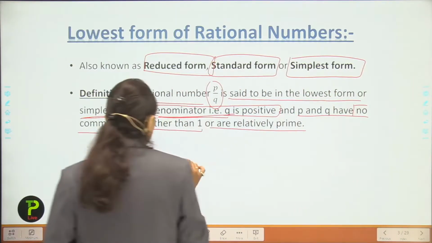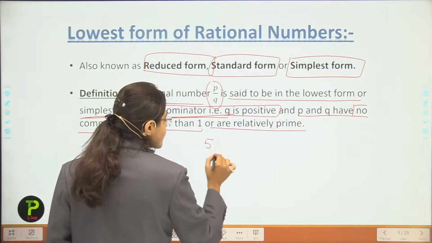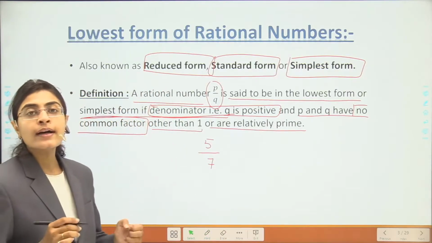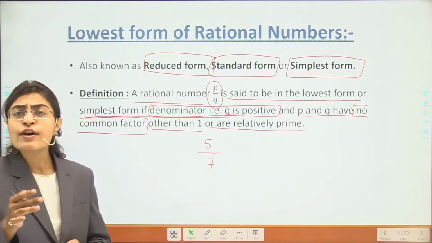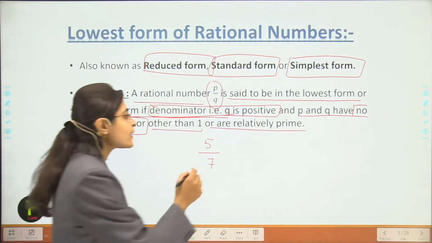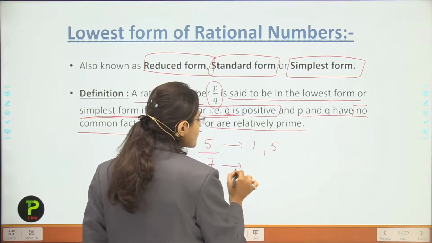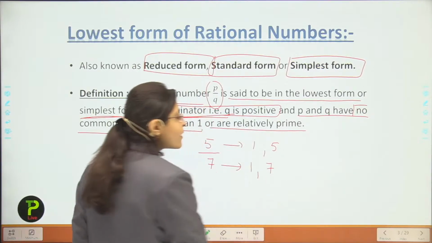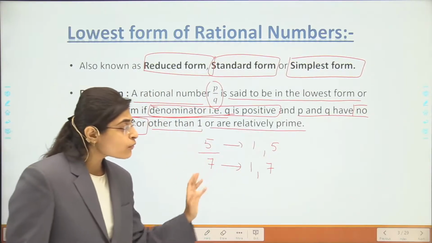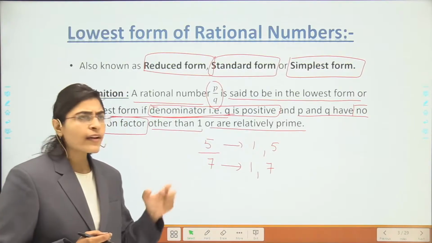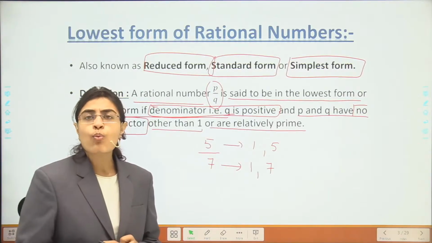For example, 5 by 7. 5 comes in a table of 1 and 5, and 7 comes in a table of 1 and 7. These are the two factors of 5 and 7. Is there any common factor? Yes, 1.